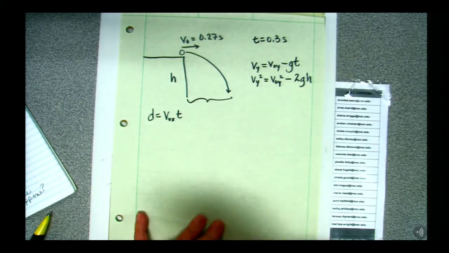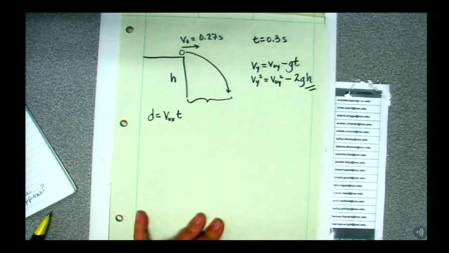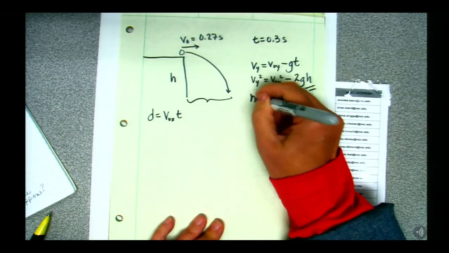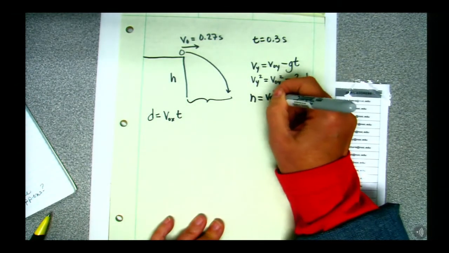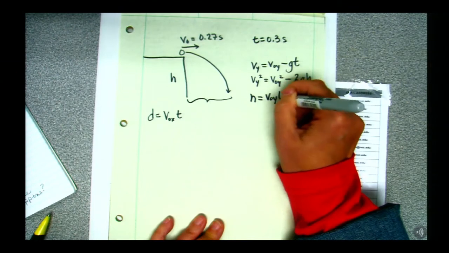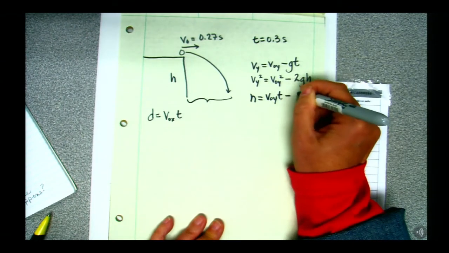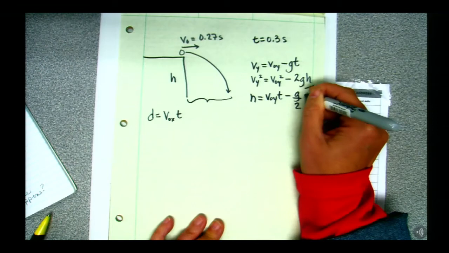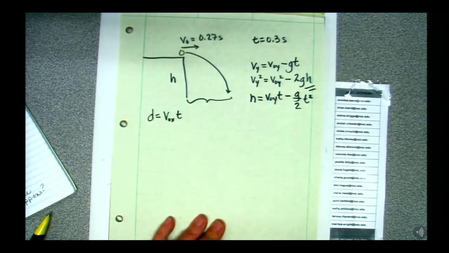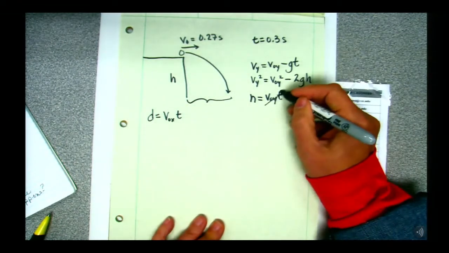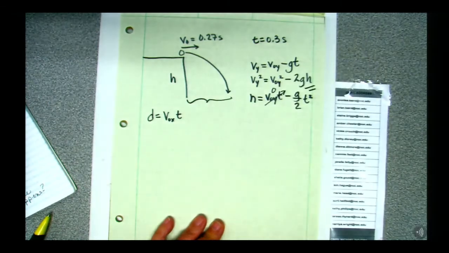Well, this one at least has the variable that we're looking for in it. Then I have my height is equal to my initial velocity in the y direction times time minus g over 2 times time squared. I don't have an initial velocity in the y direction because it's coming off the table horizontally.